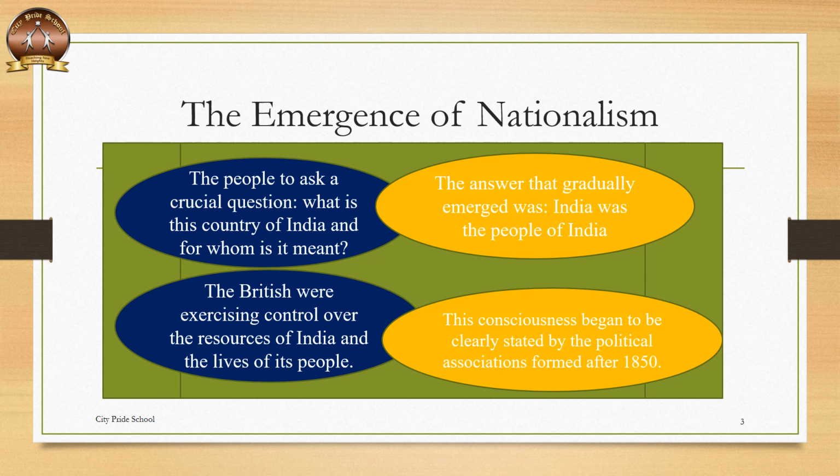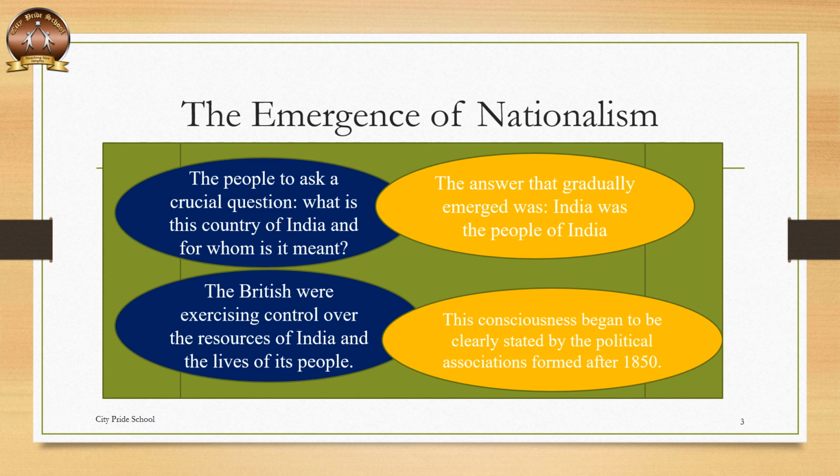Soon they realized that Britishers were using these resources and had complete control on these resources and also on the lives of these people. They also realized that unless and until this control ended, India could not be for Indians. They would not be able to use these resources for their own development.